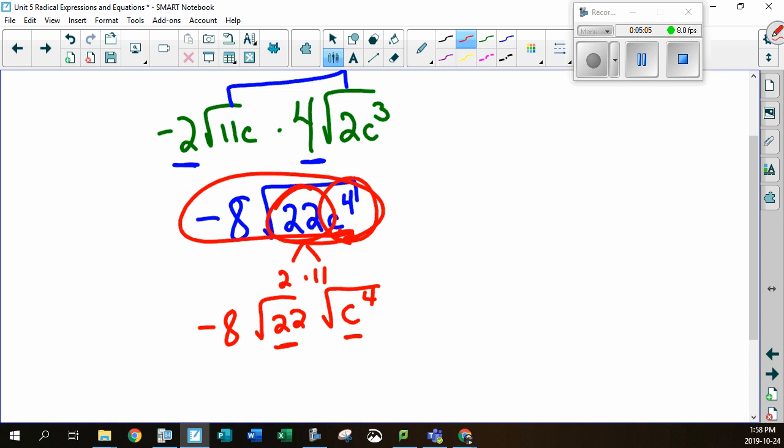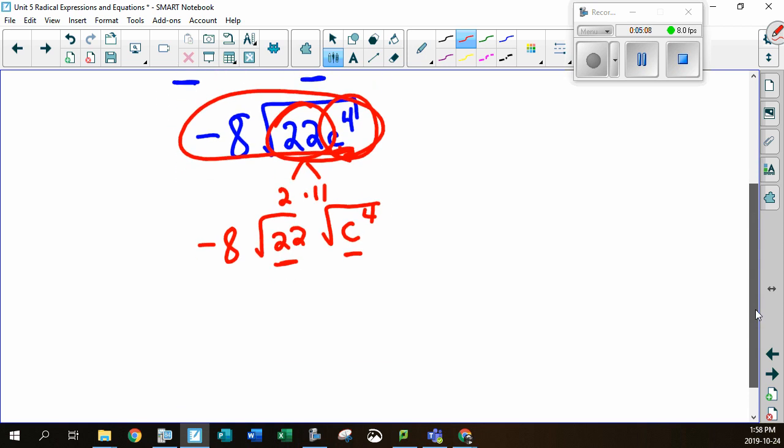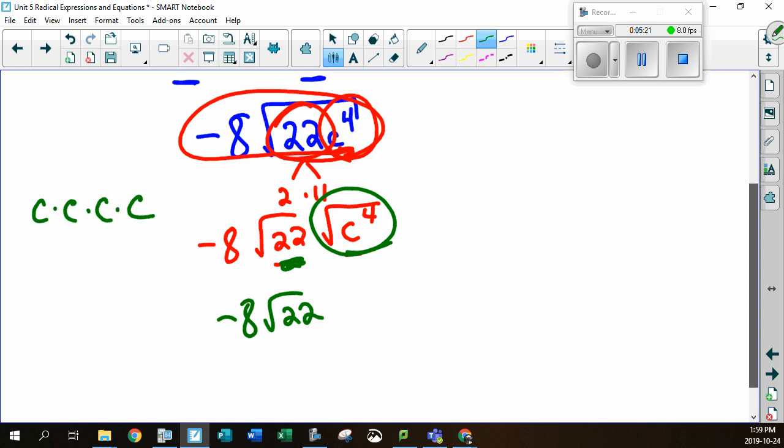Now, watch this. This is the cool part. You can't do anything with the root 22, so that stays there. But look at this. What is c to the 4? It's just c times c times c times c. So there's one pair, a second pair, and there's nothing left.